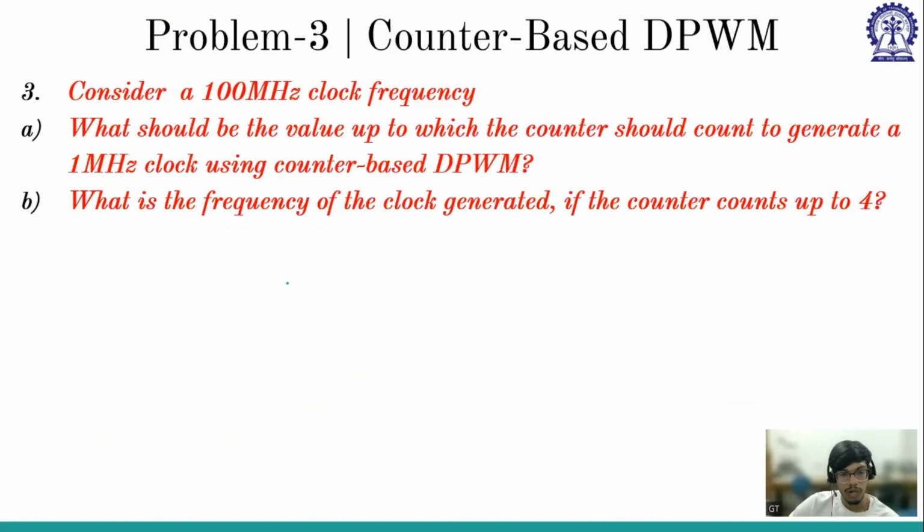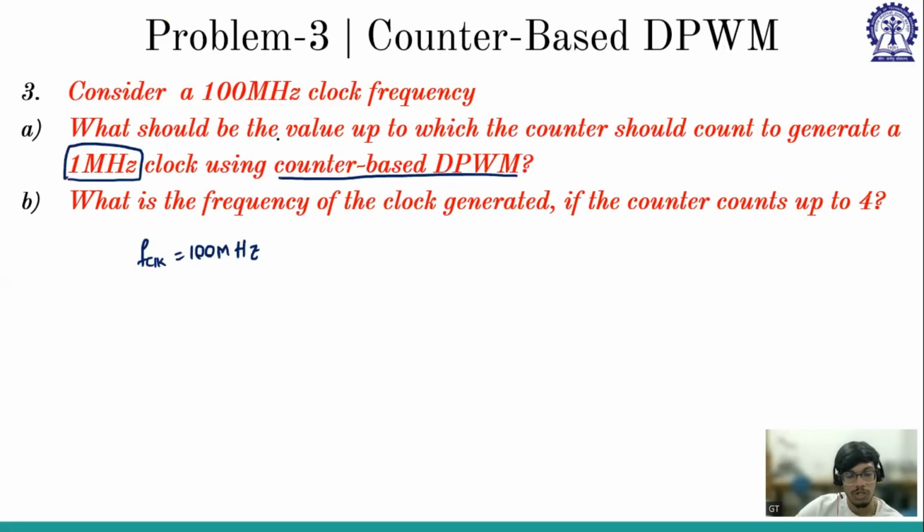Now what I have given here is another good question. Here I have given 100 megahertz clock frequency, and I am using a counter based DPWM, and I want to generate 1 megahertz from this F clock. What should be the value up to which the counter should count, that is, n count?